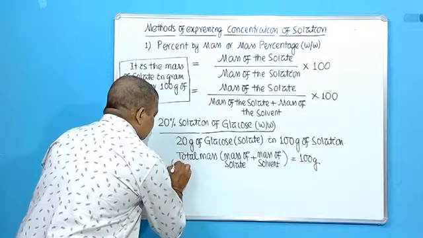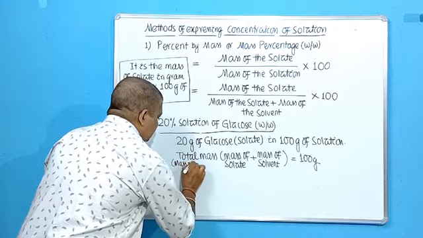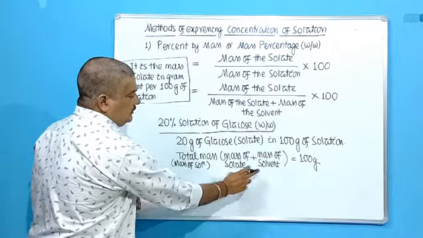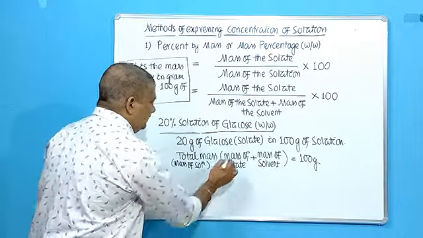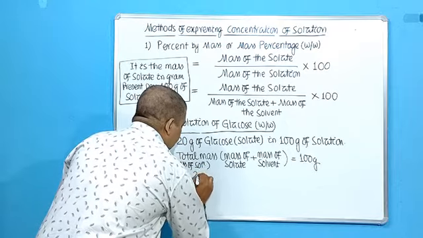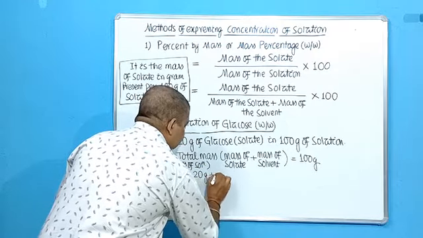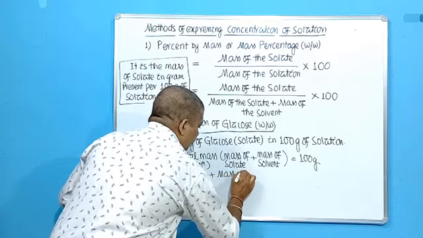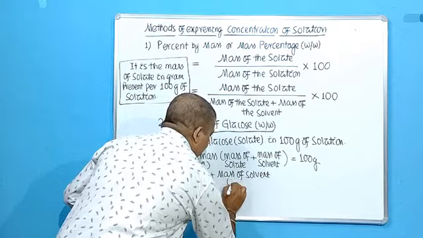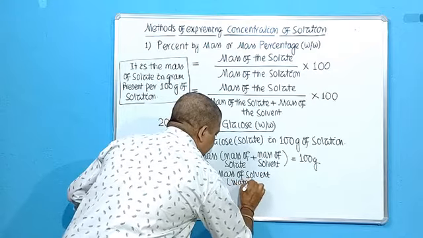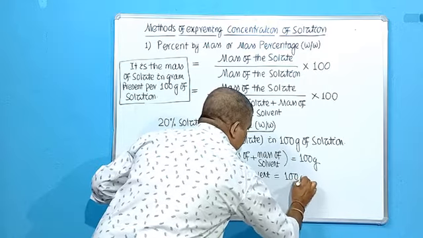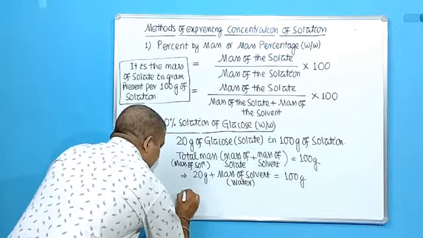What is the mass of solute? 20 gram. So 20 gram plus mass of solvent, water, H2O, is equal to 100 gram. That means what is the mass of solvent?